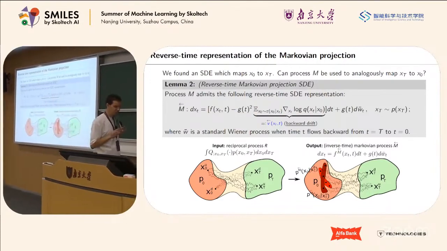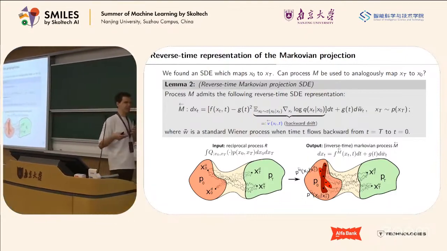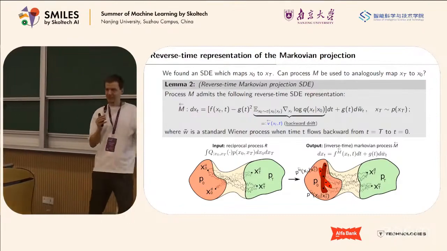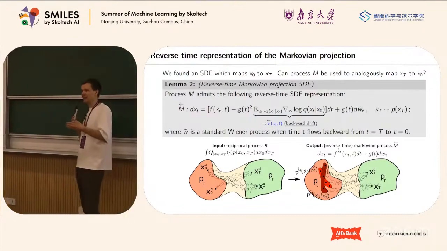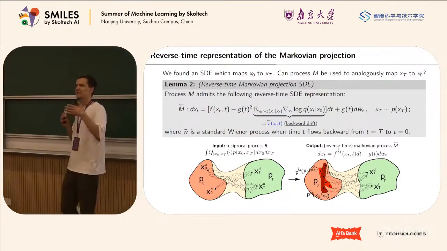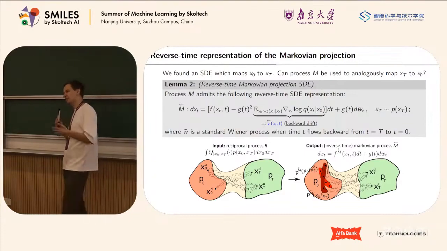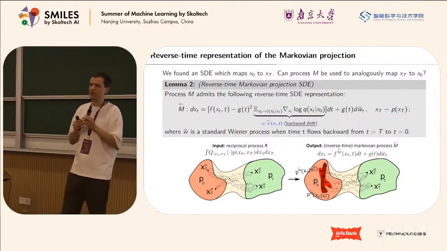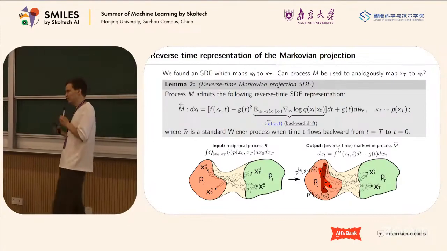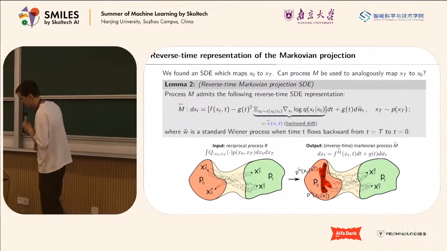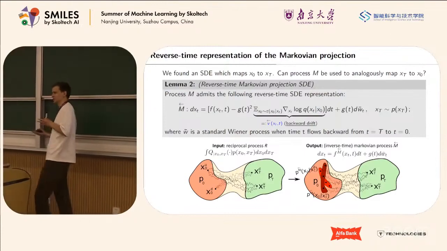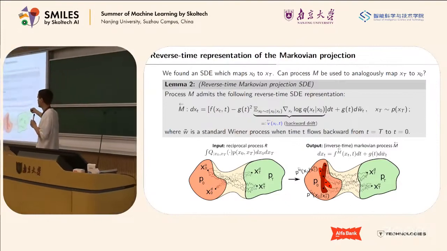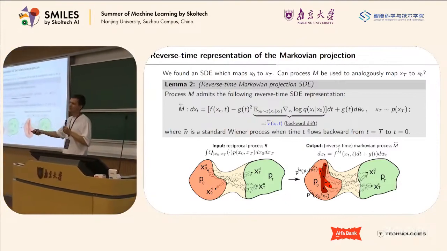Because when we consider Markovian projection of a stochastic process, we can model it in both forward time and backward time. This will be the same stochastic process, but with a different representation. And to model it in forward time and in backward time, you need to consider different drift functions. So this is why Markovian projection is usually considered in both forward time and reverse time.